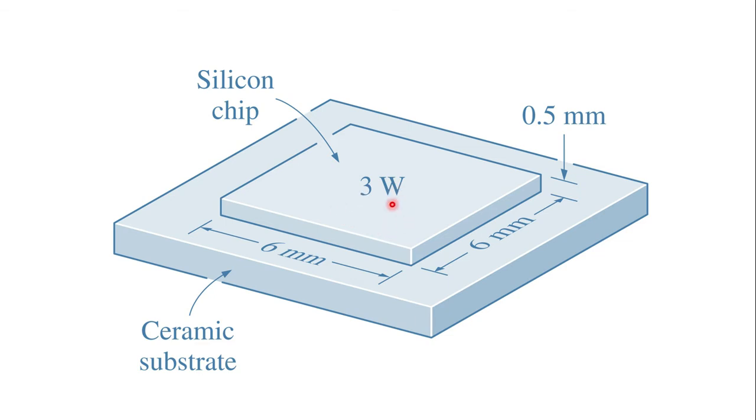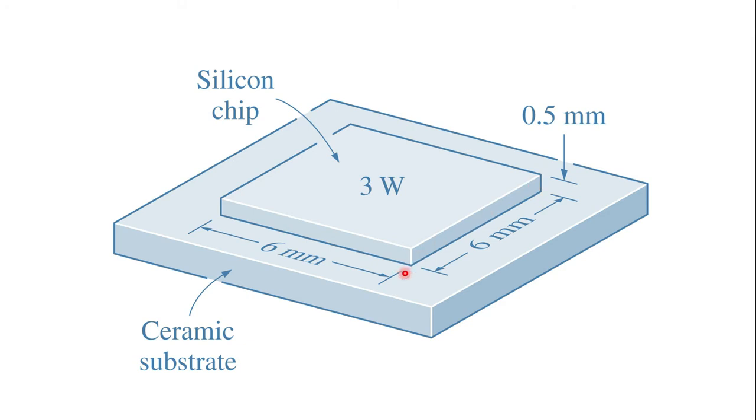This is one side of the silicon chip, and the other side of the silicon chip is in contact with this ceramic substrate, and you have to determine the temperature difference which is developed across this thickness.